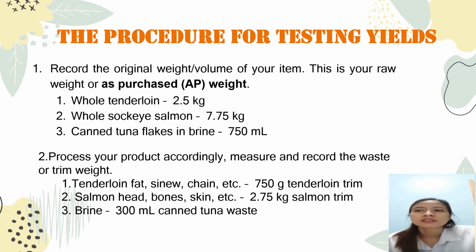So, sample ko dito, pag bumili ka ng whole tenderloin na 2.5 kilos, i-record mo lang kung ano yung eksaktong kilo na binili mo sa market. So, nakabili ka ng tenderloin, ngayon naman, timbangin mo yung kung ano ang binawas mo, like excess fats or skin.